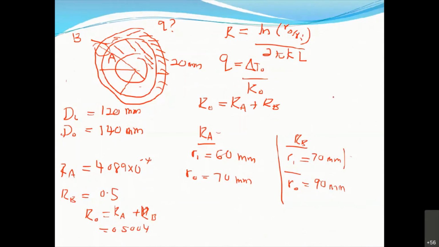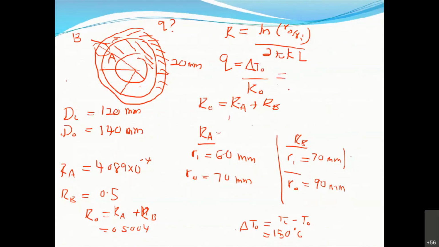Once you know R overall, you can find the value of Q, because you can easily find your delta T overall. Delta T overall is going to be equal to Ti minus T outside. Based on the question, Ti is 150 and T outside is 0. So the delta T overall is going to be 150 degrees Celsius. Once you know this value, you can just put in the value here.